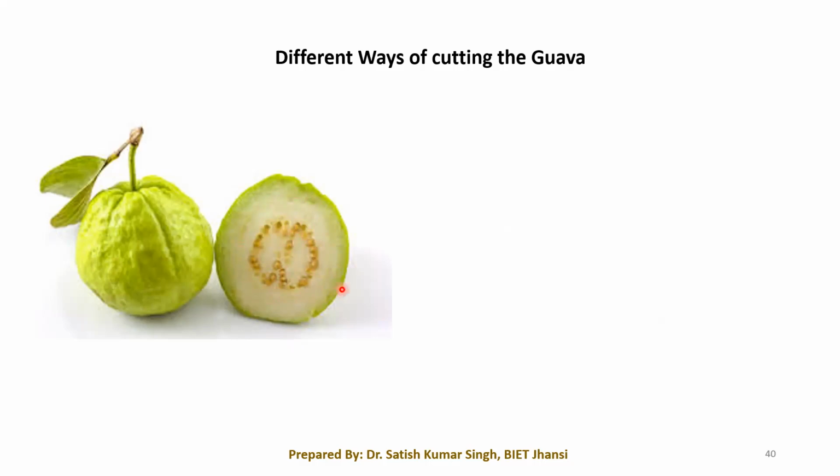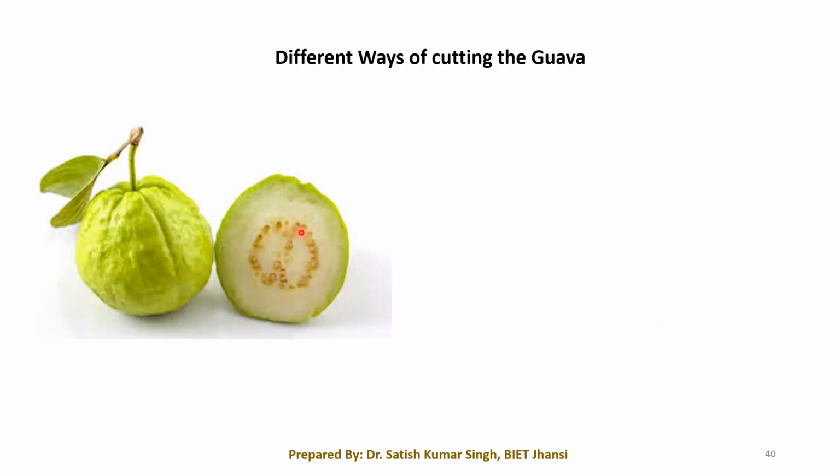Fine. So when we have cut this particular guava vertically like this, from this particular space, then we have got this particular surface, in which these many seeds are getting exposed, and it is having a particular orientation.